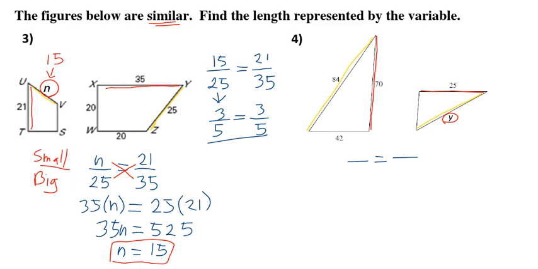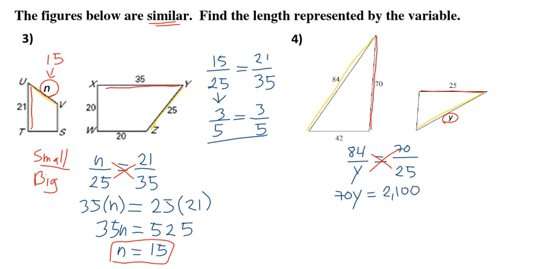So we could write 84 over the corresponding side, which is y, equals 70 over the corresponding side, which is 25. Cross multiply and solve for y. So that is 70y equal to 84 times 25, that is 2,100.